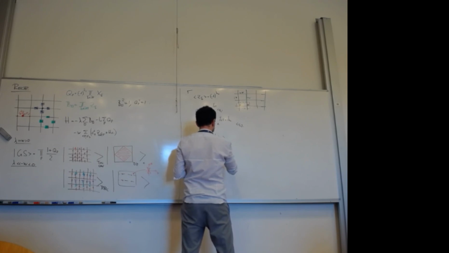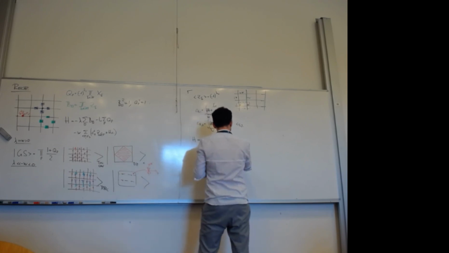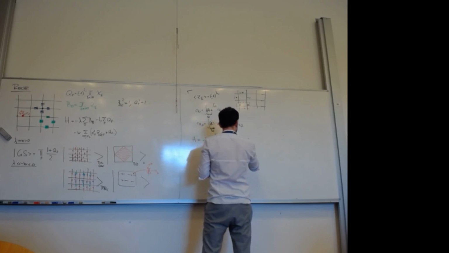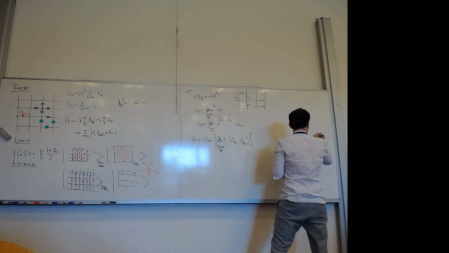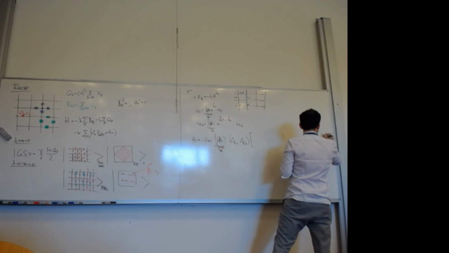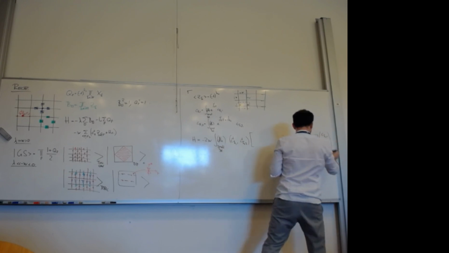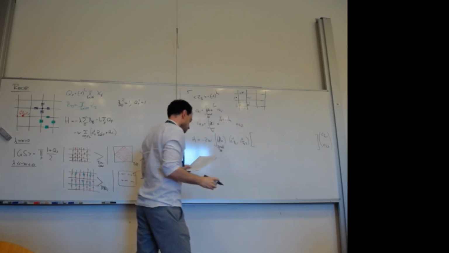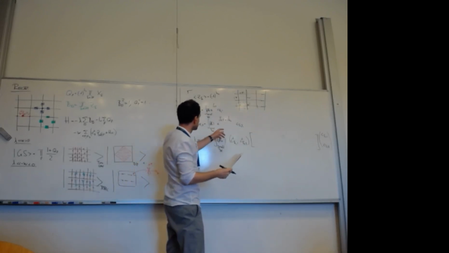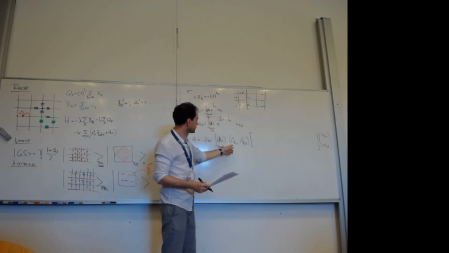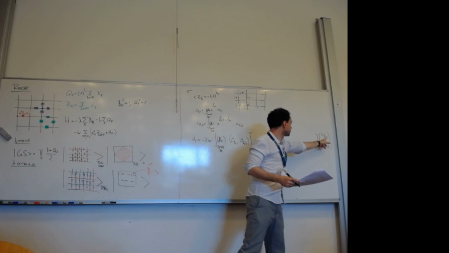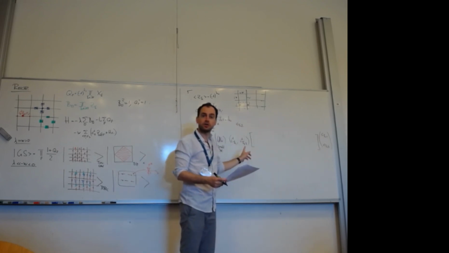Now we have c dagger k1, c dagger k2 as a spinor, and the same thing here, c_{k1}, c_{k2}. And you see this Hamiltonian has only hopping between 1 and 2. So if I write this as a spinor with 1, 2 here and 1, 2 here, I have only off-diagonal hopping terms.